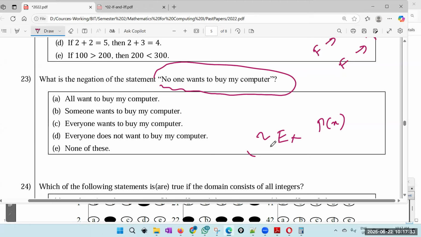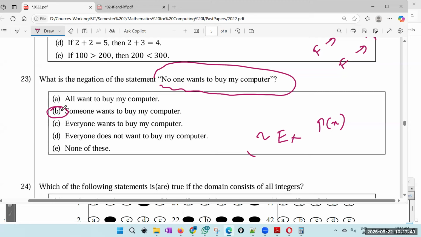Not exist means exist. Yeah, I'll go for this: someone wants to buy my computer, because that is the best I can think of. No, there are some people who want to buy my computer.